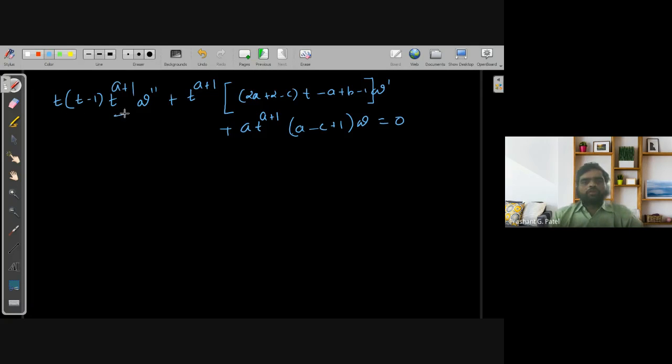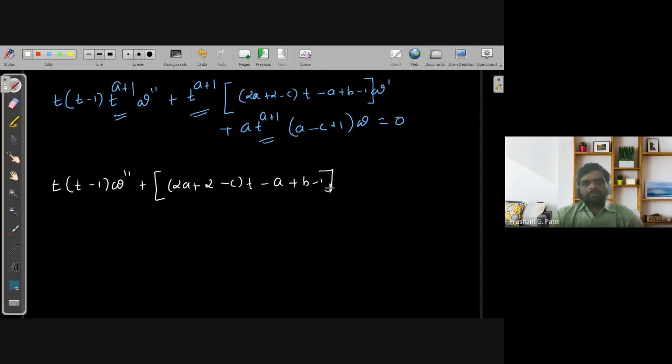You just observe that this t power a plus 1 is common from all these three terms. So that gets cancelled, and this gives you t into t minus 1 w double dash plus 2a plus 2 minus c into t minus a plus b minus 1 w dash plus a into a minus c plus 1 w equal to 0.